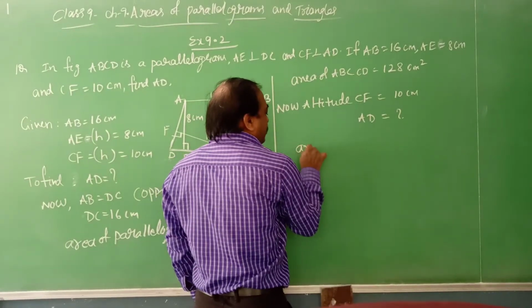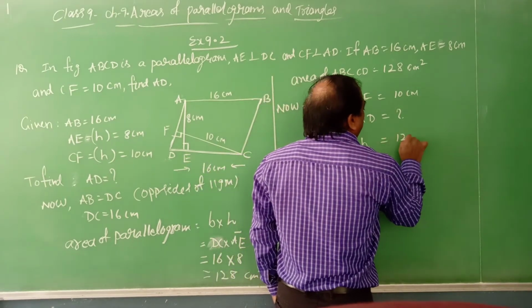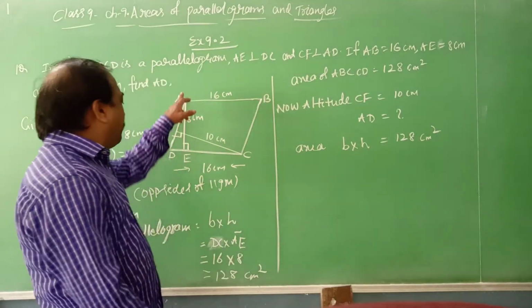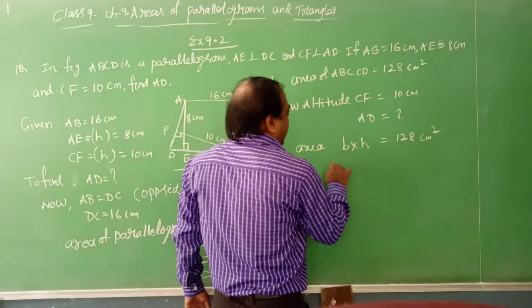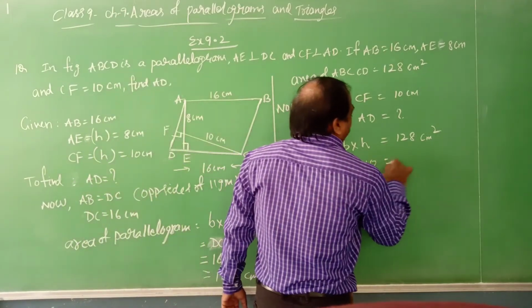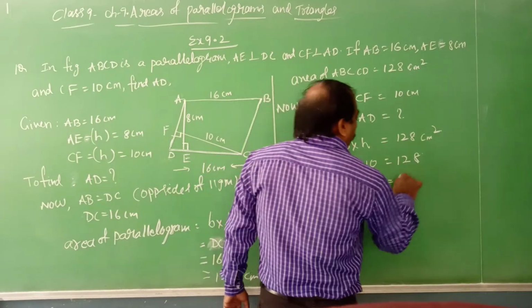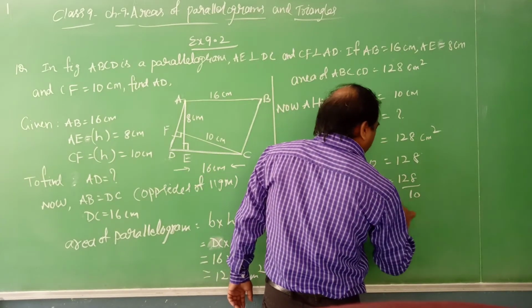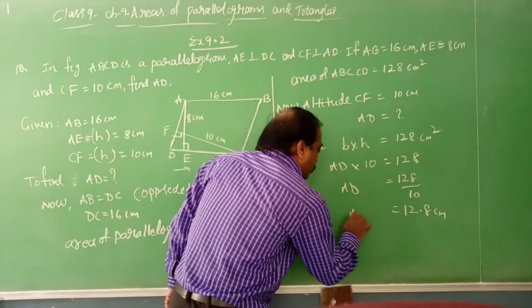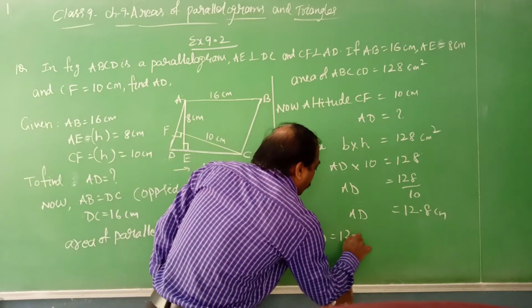So the area, which is nothing but base into height, is equal to 128 centimeter square. The base is AD into the corresponding altitude 10 is equal to 128. AD is equal to 128 by 10, which will give you 12.8 centimeters. Therefore AD is equal to 12.8 centimeters.